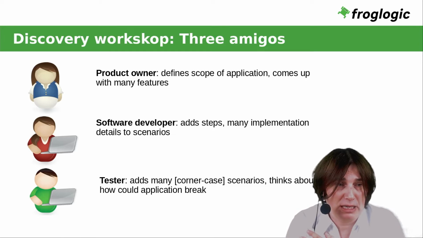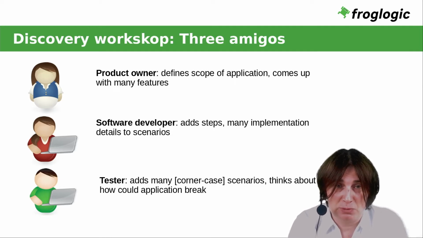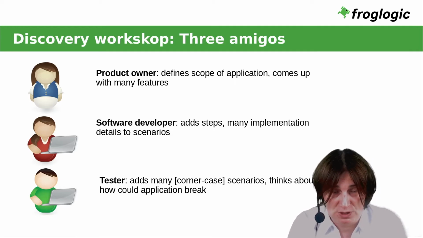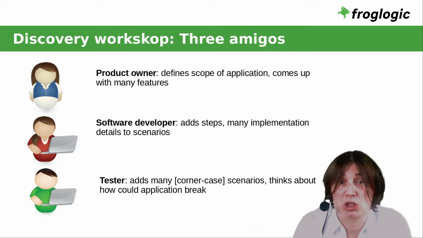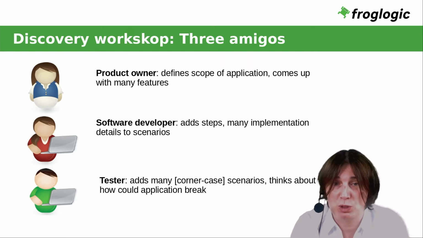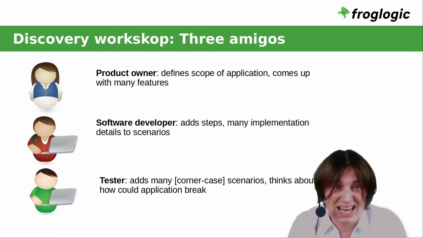So if those three kinds of people in those three different roles work together, they will come up with features consisting of different scenarios, consisting of sets of steps, and everybody will contribute something else to the overall process. So probably the product owner will be someone who will define the scope of the application and actually split the user stories or the requirements into single features.